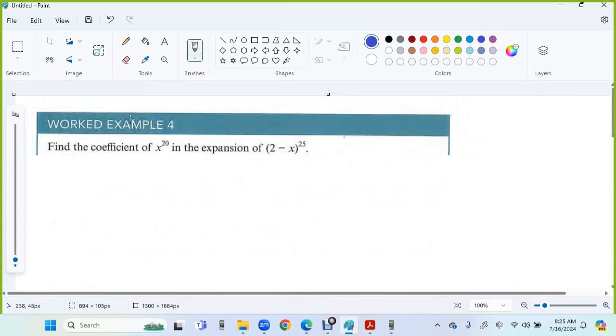We look at work example number 4. We want to find the coefficient of x to the power 20 in the expansion of this one. So for the term with x to the power 20, we have 25C20, then 2 to the power 5, and negative x to the power 20.